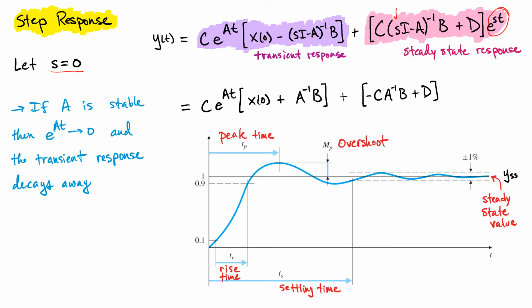And so what ends up happening is that our complete solution gets simplified into this value, which is a constant value, and this piece, which is an exponential decay or oscillation or oscillatory decay, or if it's unstable, then exponential growth. But if A is stable, then this piece goes away, and that represents the transient response, and this then is the steady state response.